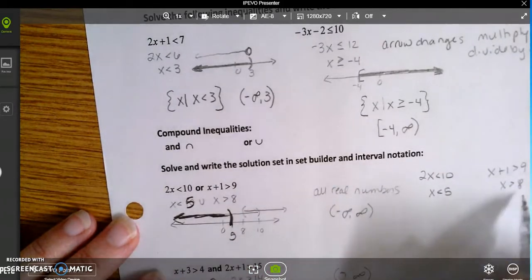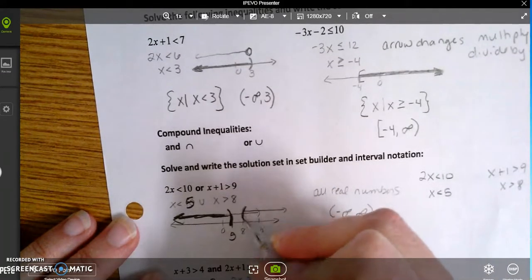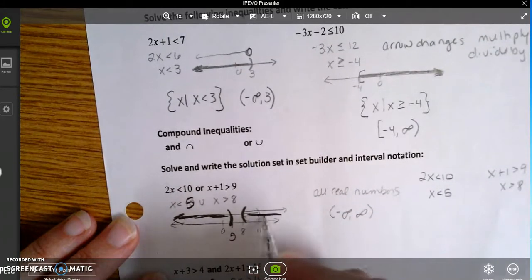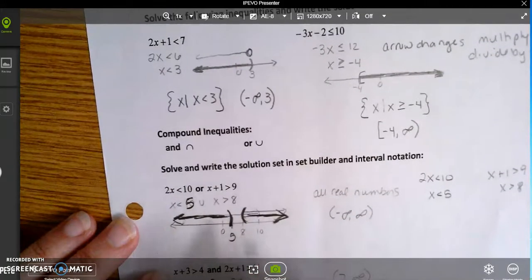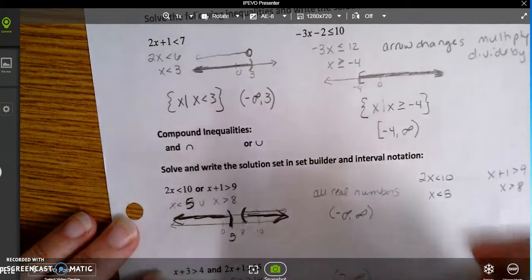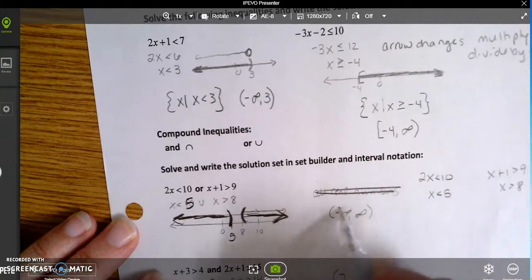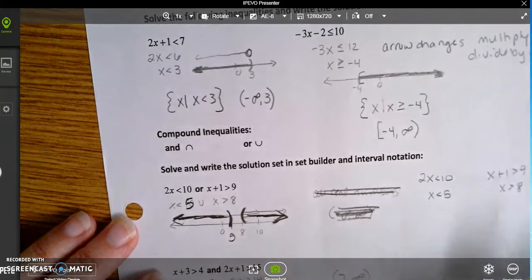And then x is greater than 8 would be a parenthesis at 8, and then we'd be shading to the right. So what or is saying is that it can be this area or it can be this area. So it can be one or the other. So any number between those values is a possible solution to the problem.